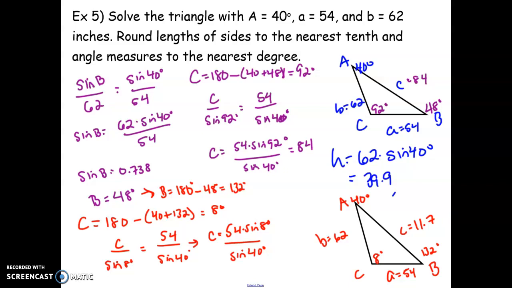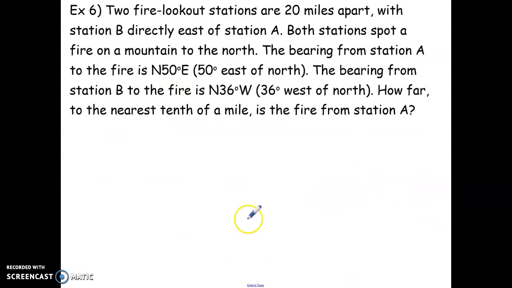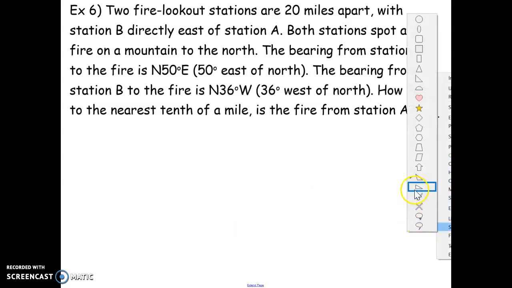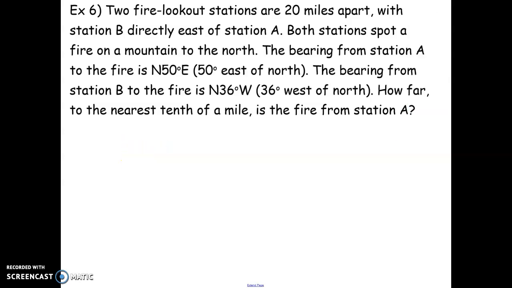Last problem, I'm going to go ahead and set up and I'll let you go ahead and solve it. There's a fire situation here, and this is a common application problem, which really isn't a good application problem, but we're going to use it just so you can get used to drawing this.